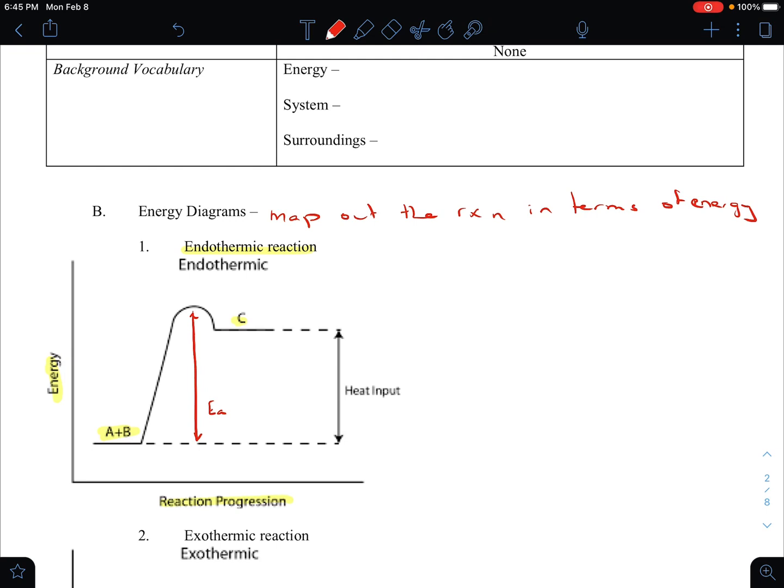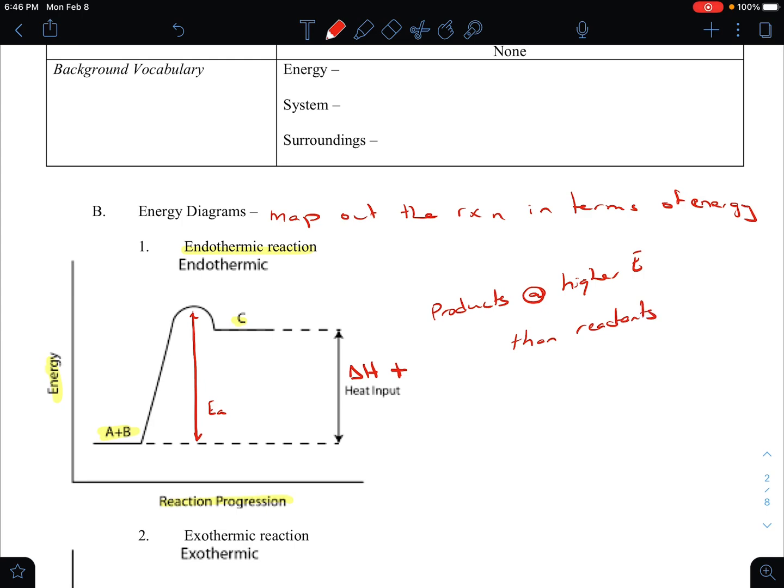This heat input is going to be called enthalpy. Since it's input, that means we're adding energy. So enthalpy is positive, or our delta H is positive. We'll see more about that in a video a little bit later. So we have a delta H that is positive, and that's because our products are at a higher energy than our reactants.